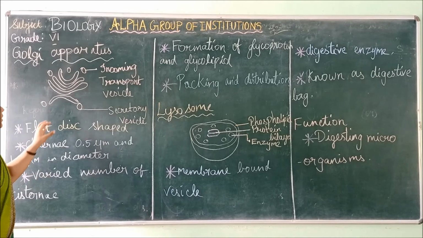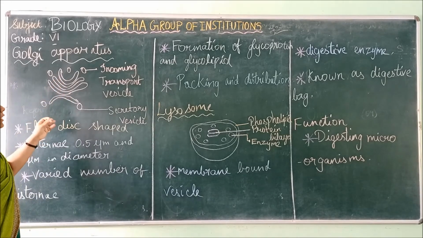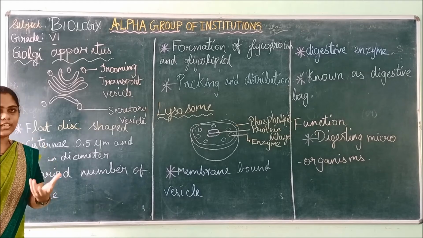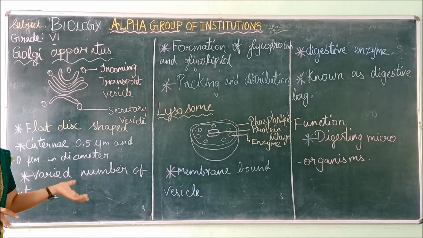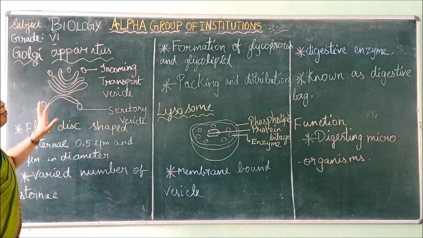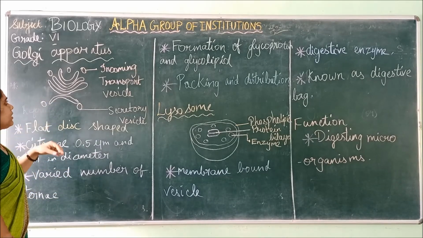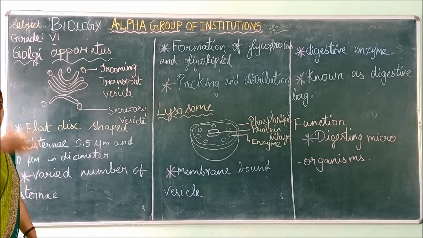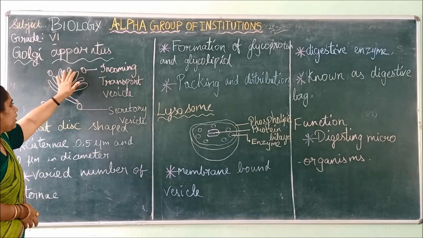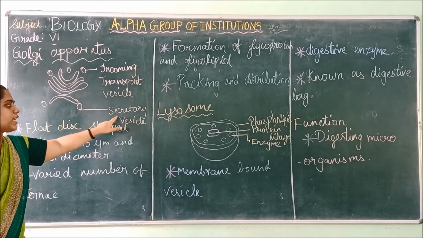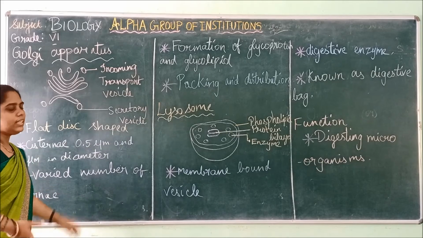What it does is, this Golgi apparatus transports all the elements. It is like a postal service or the courier service that we use to send materials from one place to another. It is like a postman. Various elements from the cell will be sent here, and through this they will be transported as secretory vesicle.